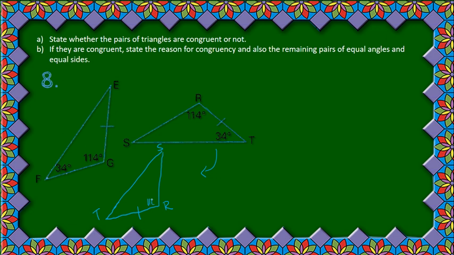This is going to be the 114 degrees, and then my 34 lies over here. So as you can see, the TR is equal to EG, whereas if they were congruent, this FG was supposed to be equal to TR. So this one in fact is not congruent.